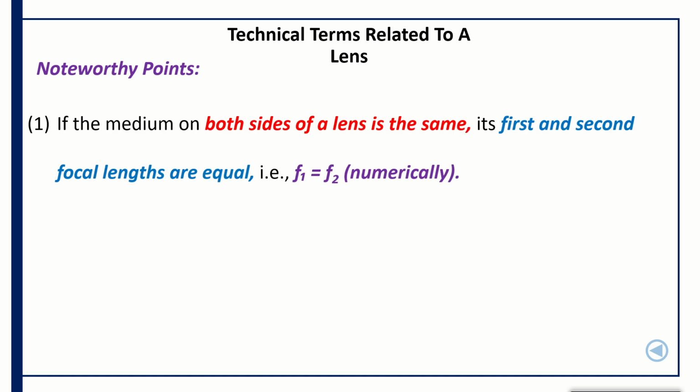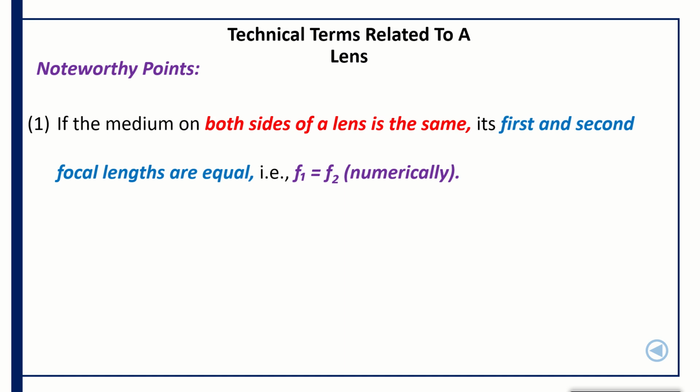Now, some important or noteworthy points which we need to remember in the case of lenses. If the medium on both sides of a lens is the same, then its first and second focal lengths are equal. As I told you, there will be two focal lengths as there are two foci: one is a primary focal point and another is a secondary focal point.